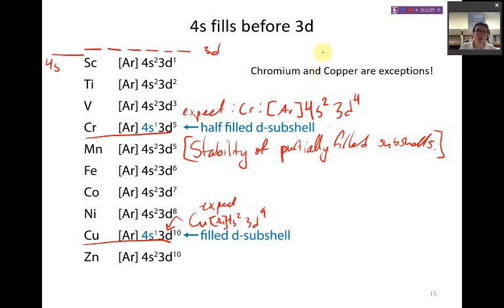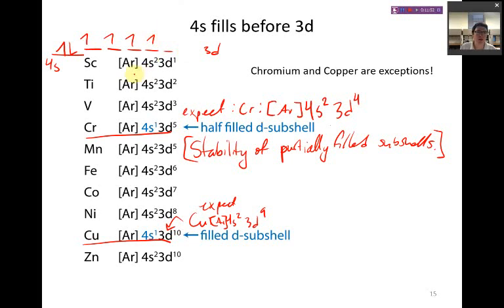So when we look at the electron configuration, if we look at the orbital diagram, let's say for what we would expect to see for chromium, we would expect to see 4s2 3d4.